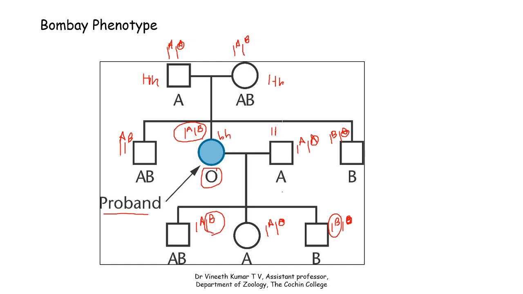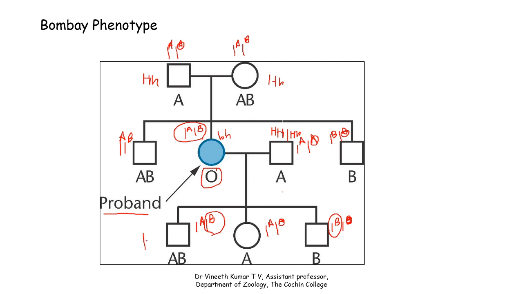Her husband can either be HH, or he can be heterozygous. Whichever it is, all her children inherited the H substance, because one H will be inherited from her.